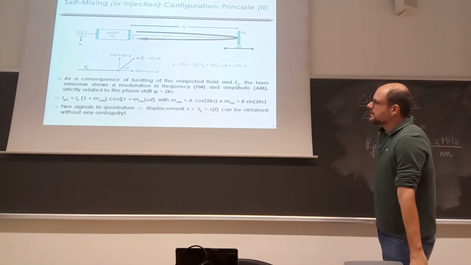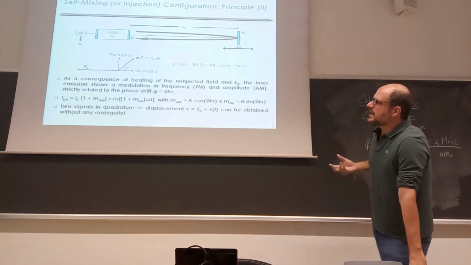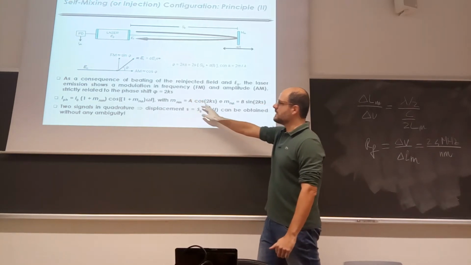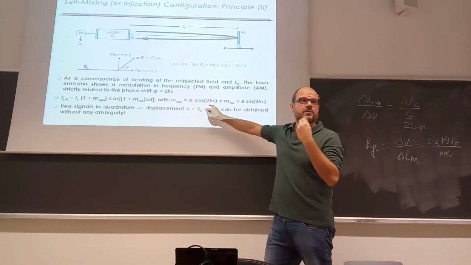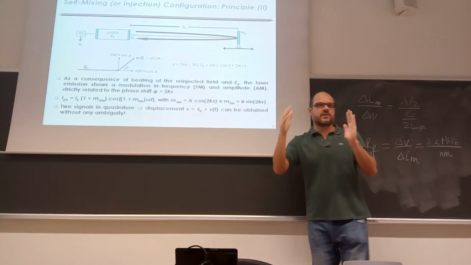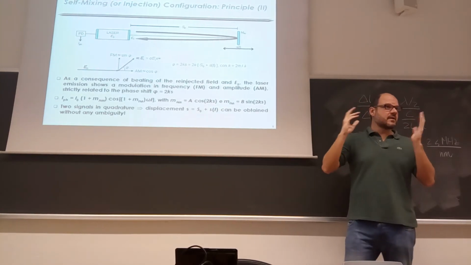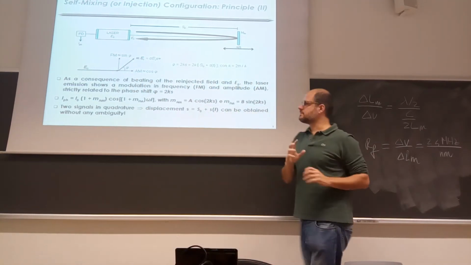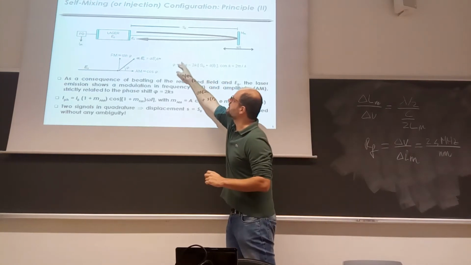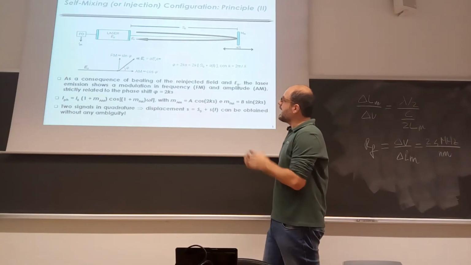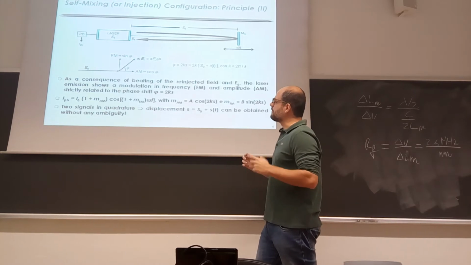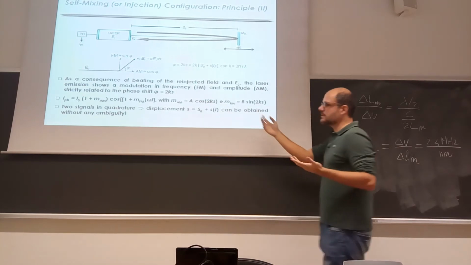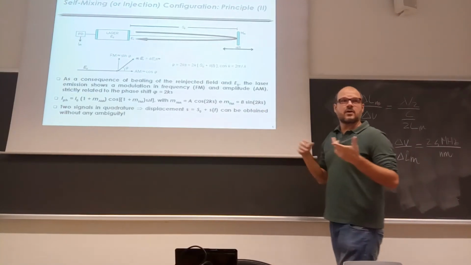And the very good point is that you have an amplitude and a frequency modulation that depend on the optical phase. Here, the optical phase is easier because we don't have a reference beam or a reference path. We just have the external cavity length. Okay? So the optical phase is easier than what we have seen until now. As I was saying, the amplitude modulation is proportional to the cosine of the optical phase, and the frequency modulation is proportional to the sine of this optical phase.